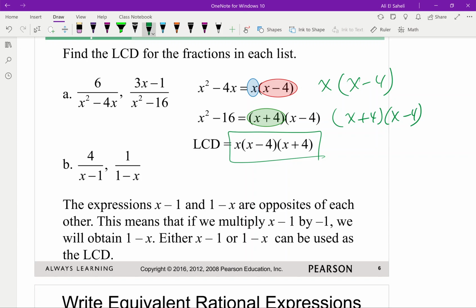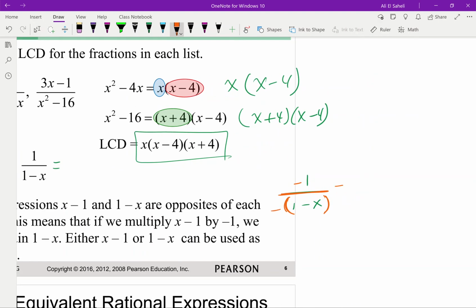Now for this, the second one can be written as, if you multiply by minus 1, you have 1 over 1 minus x, multiply both numerator and denominator by minus 1. So you're not changing anything. You multiply up and down by minus 1. So this becomes minus 1 over, bring in this minus, and you get x minus 1.